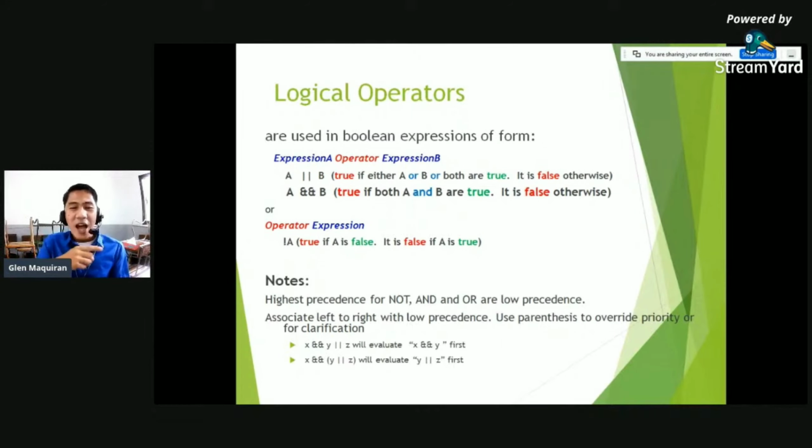Note the highest precedence is for not, and or has low precedence. Mababa po silang precedence. They associate left to right with low precedence; use parentheses to override priority or for clarification. Ibig sabihin, mauuna pong binabasa ng program yung inuna nating i-declare.